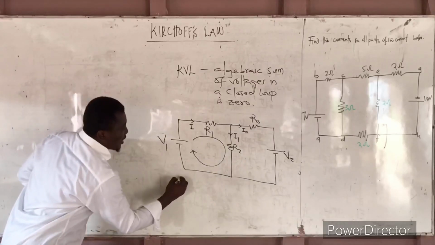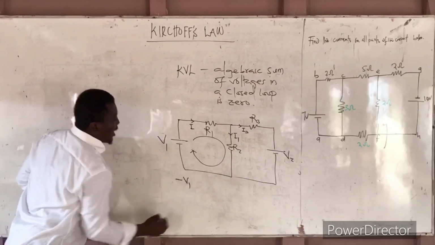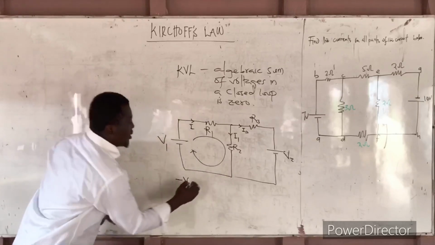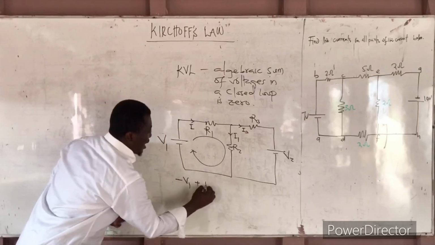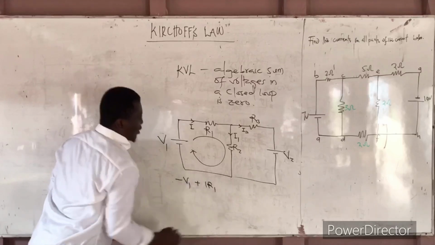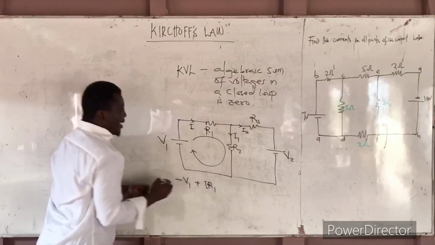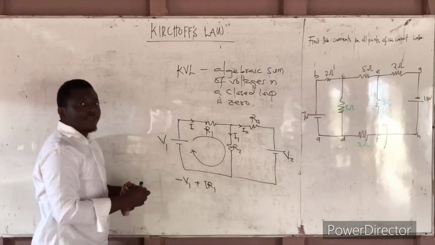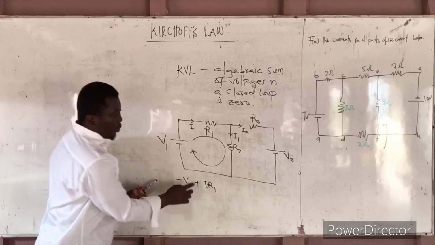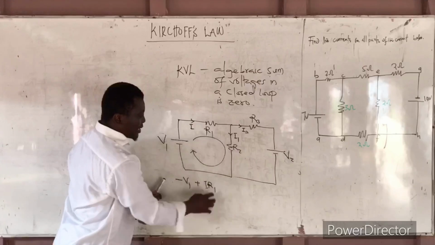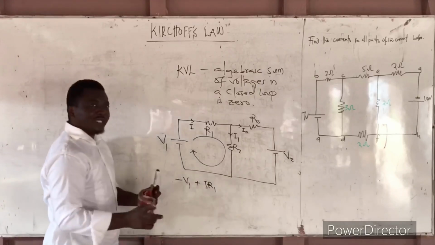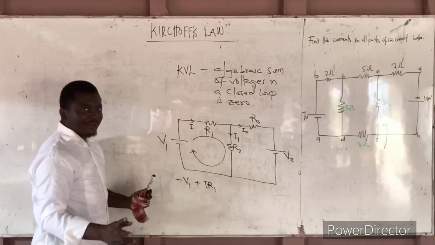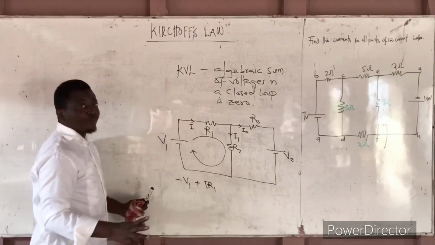That's why you get minus V1, because the arrow touches negative before positive. Then you get plus I R1. Why did I say plus? Because if you look at where this arrow is going, it's in the same direction as the current, so it is going to be positive. If they are in opposite directions, it is going to be minus. When it touches the negative side first, it is minus. Touches the positive side first, positive.